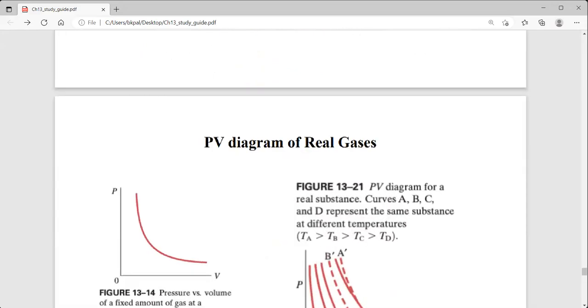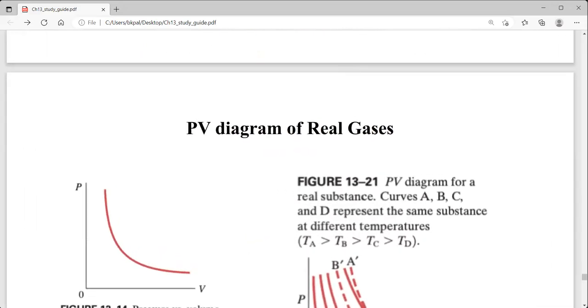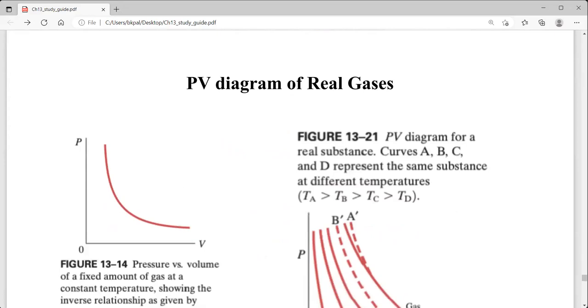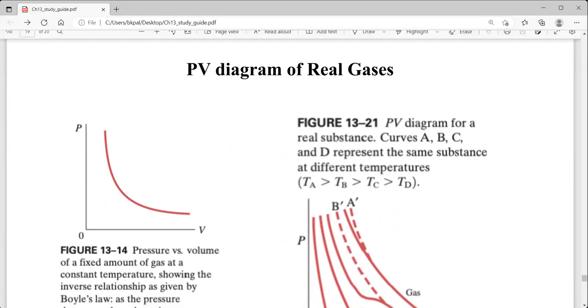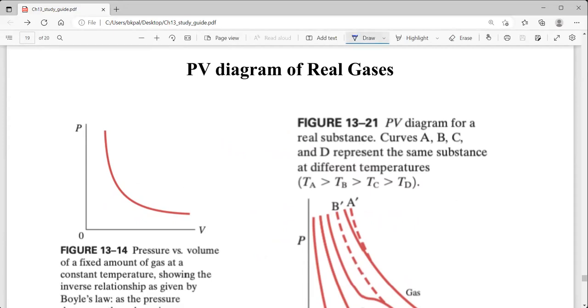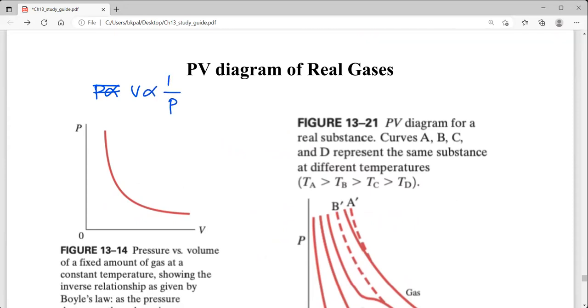Now two more things. One is the PV diagram, and another is the PT diagram. The PV diagram is basically another way of representing Boyle's law. You remember that Boyle's law tells us that when the temperature is constant, V is inversely proportional to P. Now, if you plot this for a fixed amount of gas, it will be something like this.